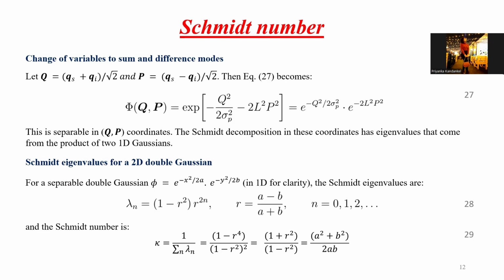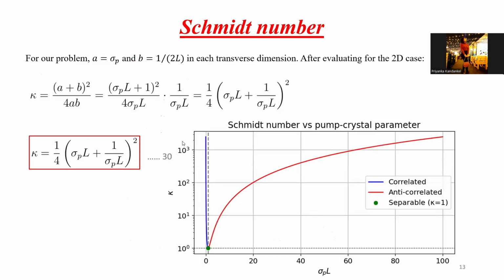For a 1D double Gaussian, the Schmidt eigenvalue is given by the geometric series lambda n equals 1 minus r squared times r to the n, where r is defined as a minus b by a plus b. Computing kappa from this series gives kappa equals a squared plus b squared by 2ab. But our problem is two dimensional, so the transverse plane has both x and y.